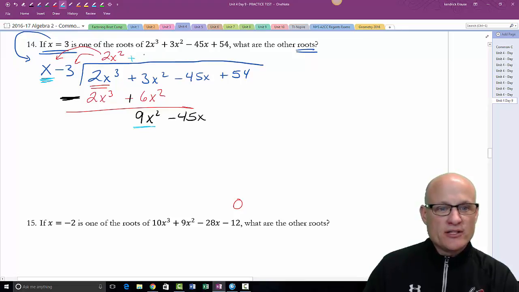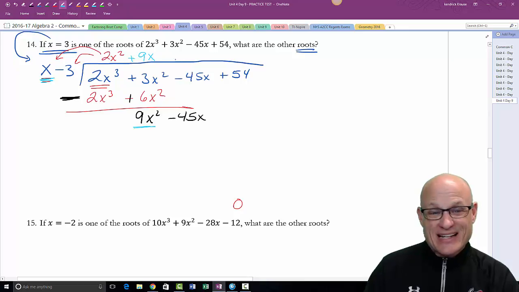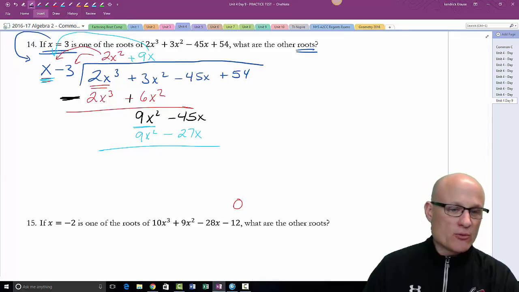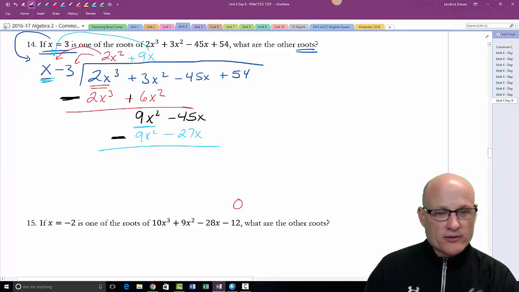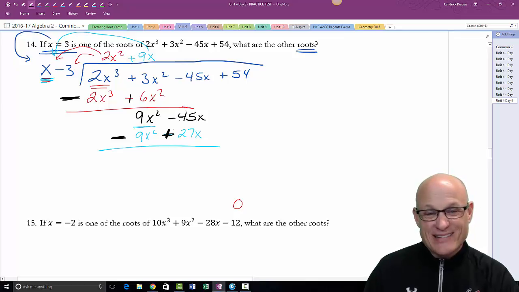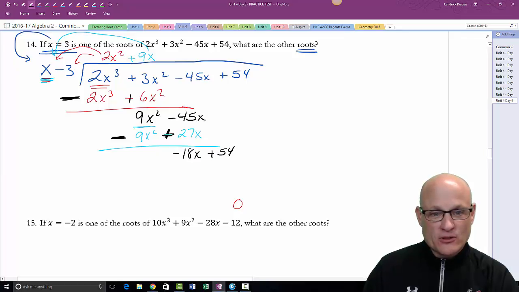Oh, plus 9x. Notice this would be squared, this would be 9. Next one won't have a 9 at all, or an x at all. So 9x times both of these is 9x squared minus 27x. Don't forget, we're going to be subtracting. Subtract, add. So 45 minus 27. So this would be negative 18x plus 54.